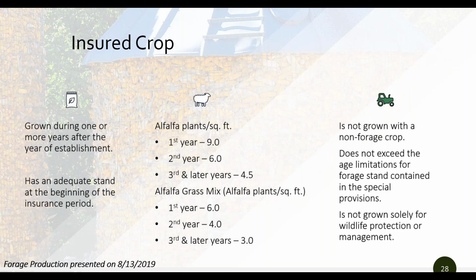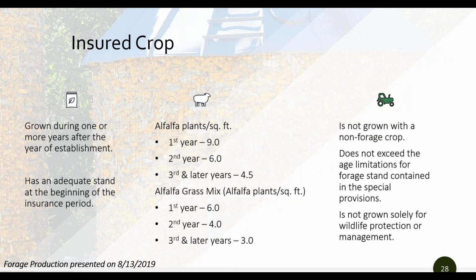So continuing on, qualifying what an insured crop is not: it is a crop that is not grown with a forage crop. So if you're growing your forage production amongst the trees of an apple crop or something like that, that doesn't count. It does not exceed the age limitations for forage stand count contained in the special provisions.